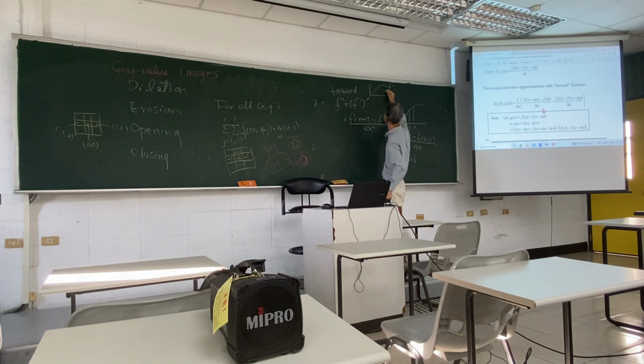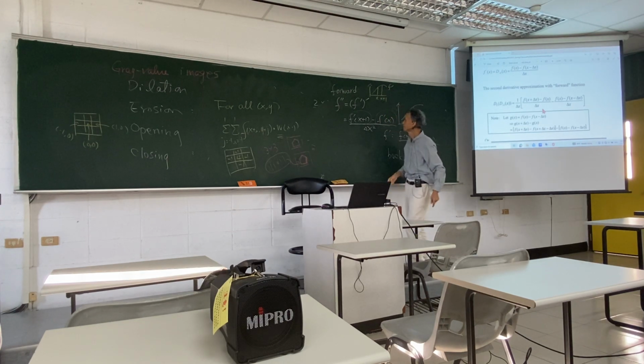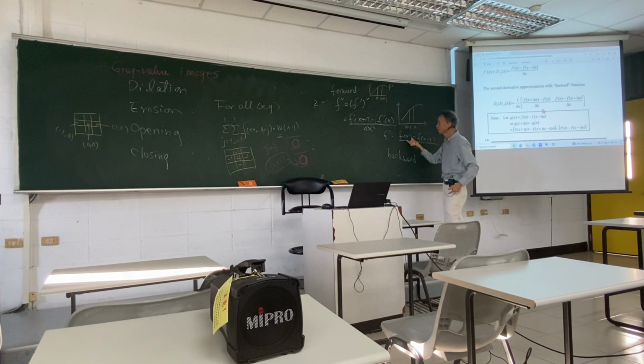So this is f prime x plus 1. So we put x plus 1 here. Now x becomes x plus 1. Everyone following? And this is x plus 1 minus 1, so it becomes x.